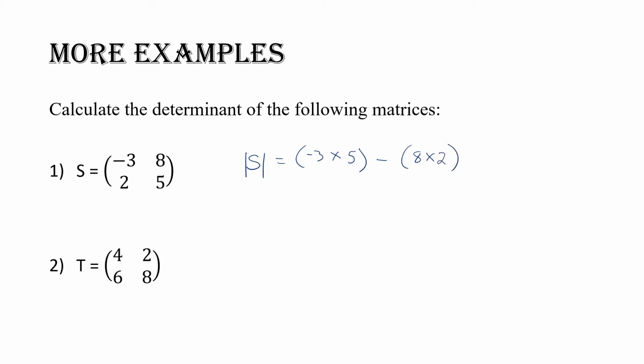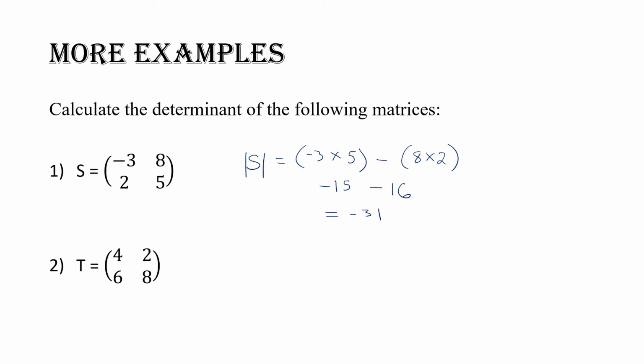Once we work that out, you'll get minus 15 minus 16. So the determinant for matrix S is negative 31. And that's it.